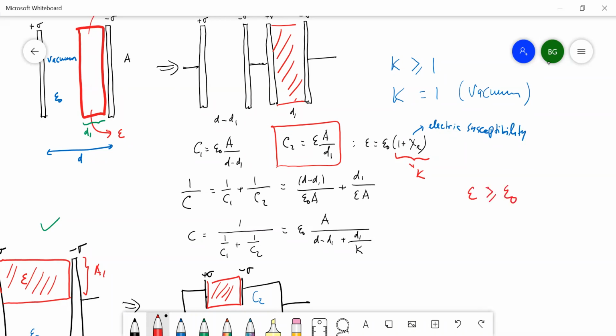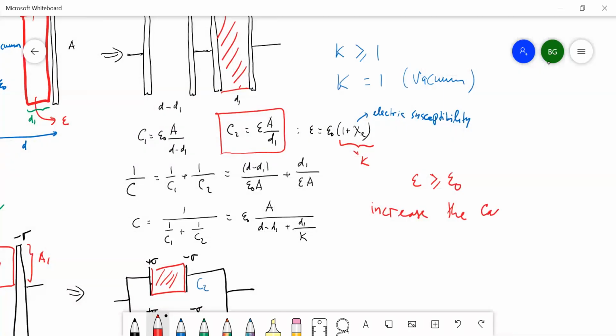So if we insert an insulator material with a dielectric constant greater than 1, it should increase the capacitance. We have also discussed capacitor circuits, series and also parallel circuits.